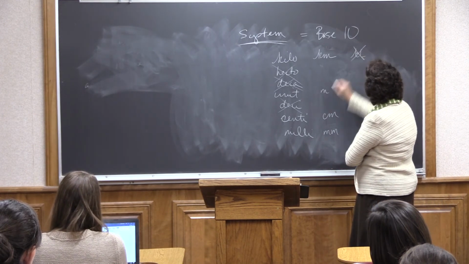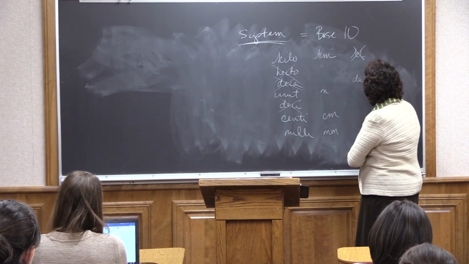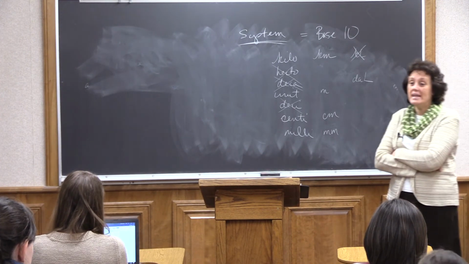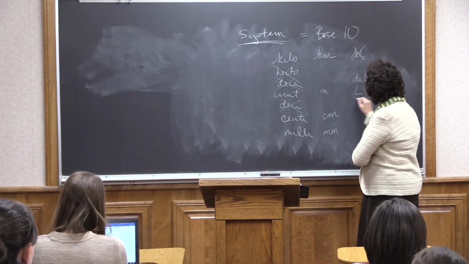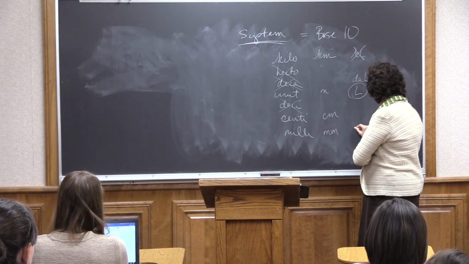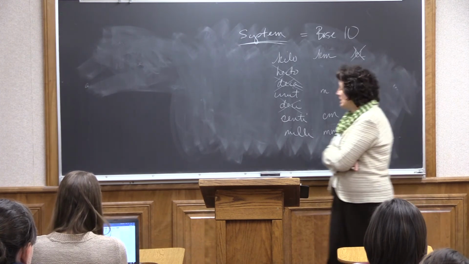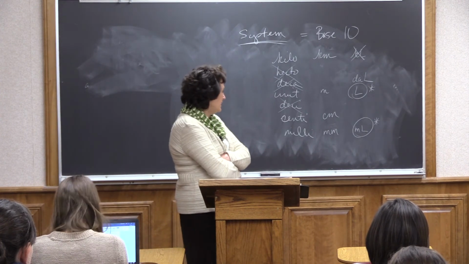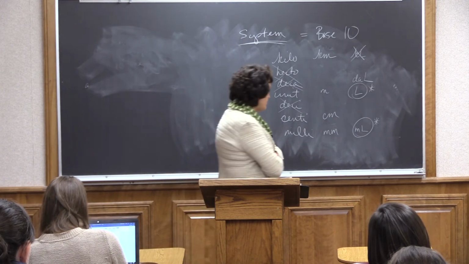Kiloliter, oh, it's too big. Hectoliter. Decaliter would be abbreviated DA, to distinguish it from deci, which is just a D. Decaliter, somewhat, pretty much only this guy. Centiliter, deciliter, milliliter. Practically speaking, we're only going to use liter and milliliter. Centiliter, no. In fact, this guy we need to talk about for a minute.